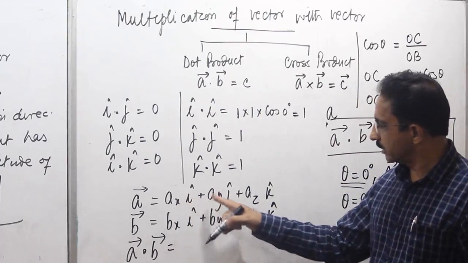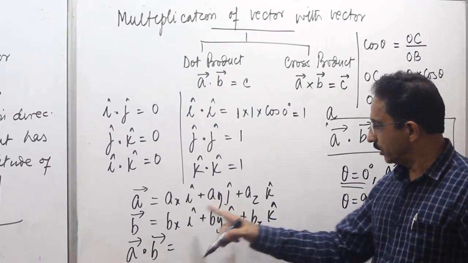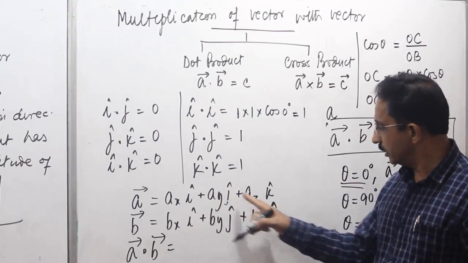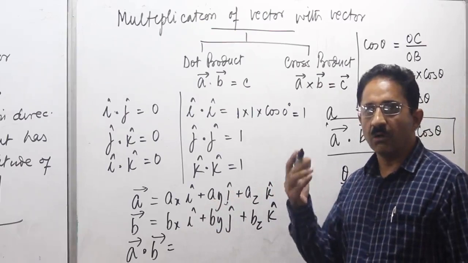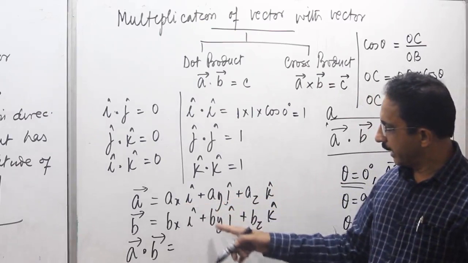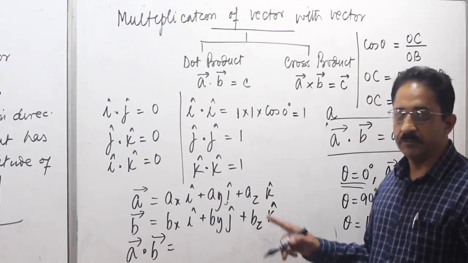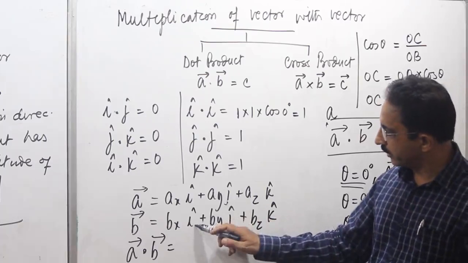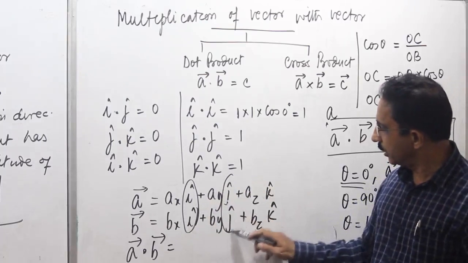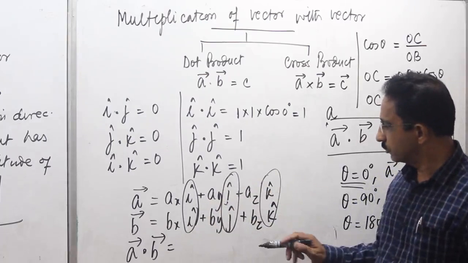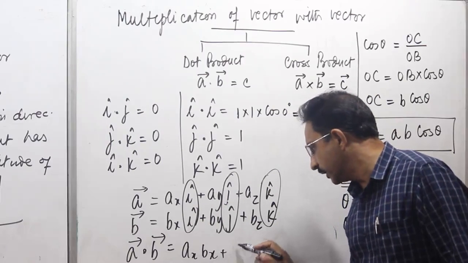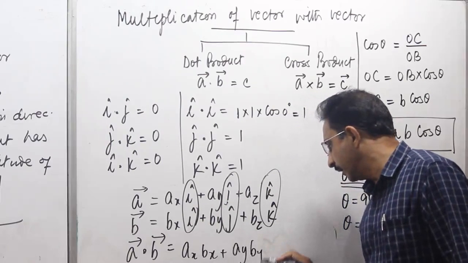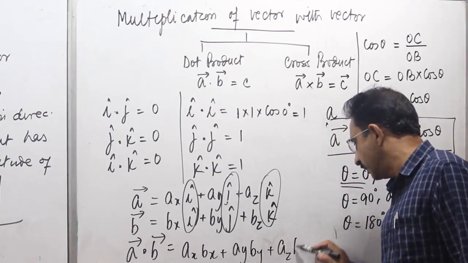Then we start with this term ay, j dot i, j dot j, j dot k. So जैसे आप इसको multiply करोगे, you will see कि all those components which are like i dot j or i dot k, they will vanish. Only three components will remain: i dot i, j dot j, and k dot k. So this result will be ax bx plus ay by plus az bz.